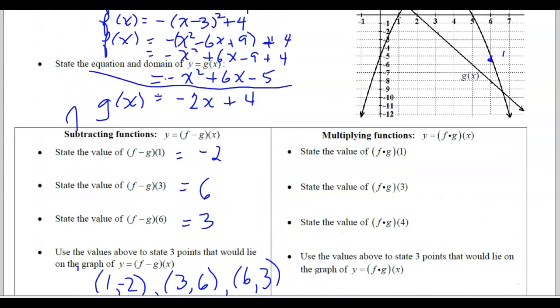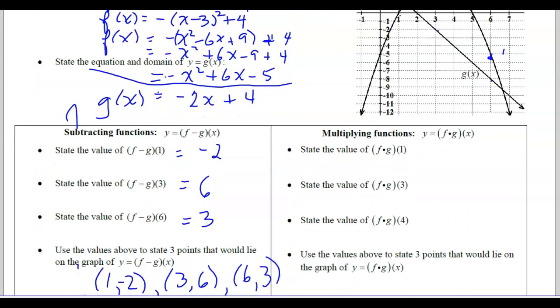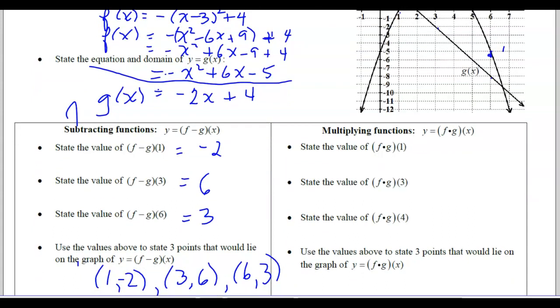But what we could do is check, right? So if we are subtracting f minus g, we would take a look back up at these and subtract them. So that's going to be negative x squared. 6x minus negative 2x is positive 8x. Negative 5 minus 4 is negative 9.